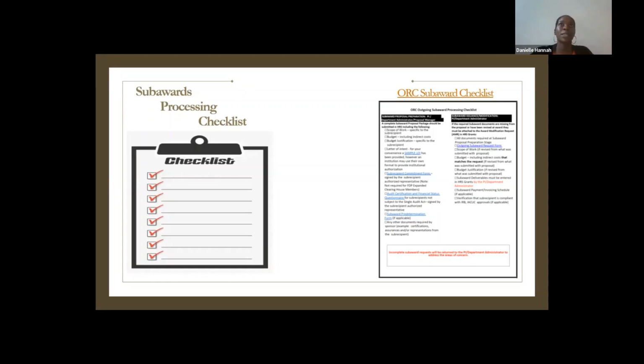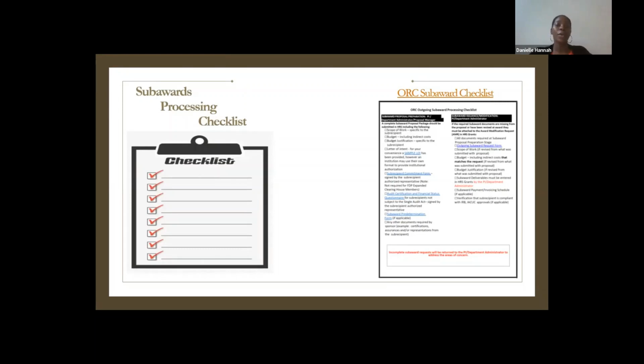And just to add also to the scope of works, as far as our institution, not even dealing with the systems, I do know there are some proposals where the scope of works are included in the institution scope of works. So it's not necessarily separated, but I will say at our institution, even if we submit proposals that way, we still require our sub-recipient scope of works to be separated for internal purposes so that we can do what we need to do.